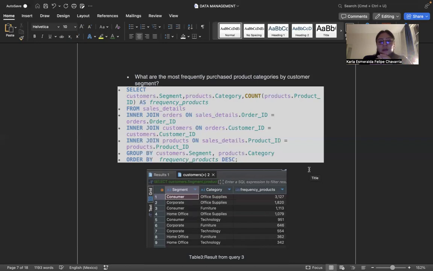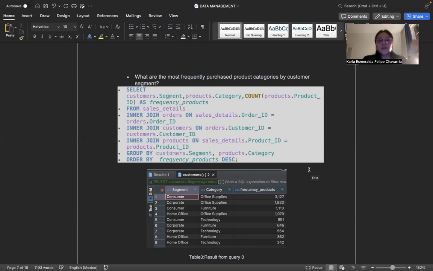So I also named that count as frequency products. And none of these tables link with the customer table, so that's why I use sales details, because sales details has more information about the detail of the order or the sale.